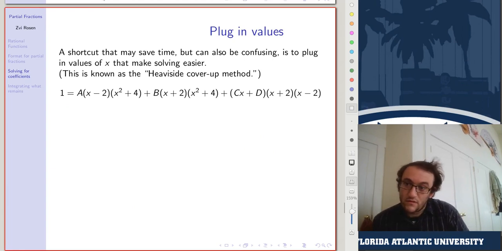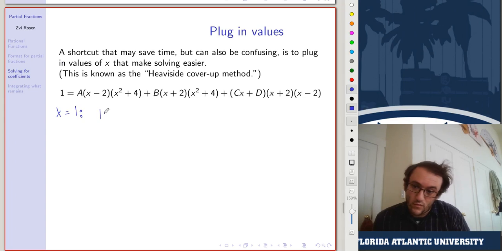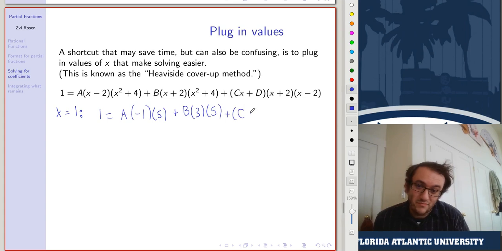So plugging in x equals 1, we have 1 equals a times negative 1 times 5 plus b times 3 times 5 plus c plus d, 3 and negative 1.